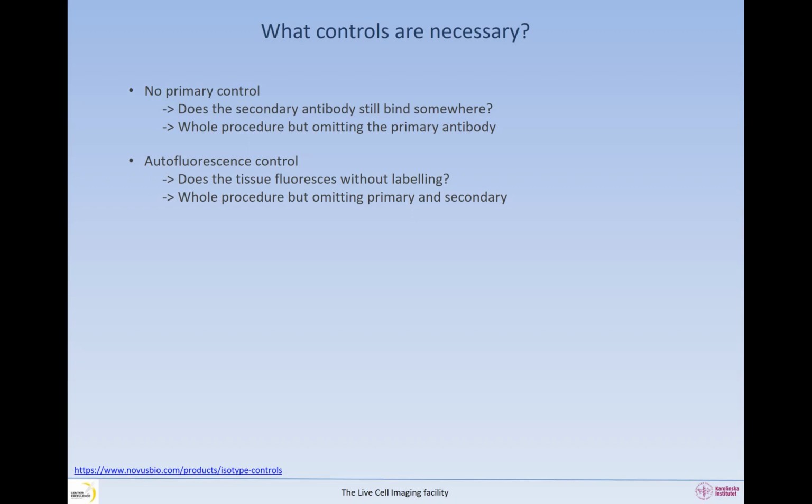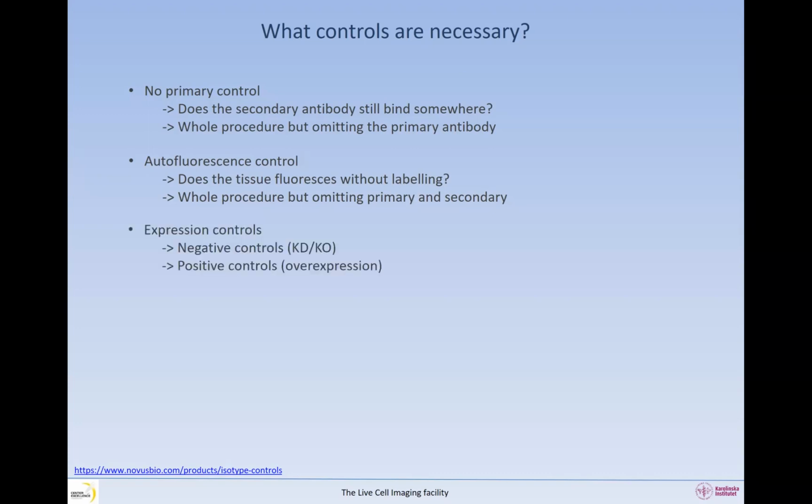And if you don't pay attention, you would think, oh, this is super, my signal is there, when actually it's just autofluorescence from other molecules in the tissue. So you have to recognize this kind of signal. So you should always have a control sample with absolutely nothing, no staining at all. But you should proceed with the same sample in the same way as you are performing your main sample.